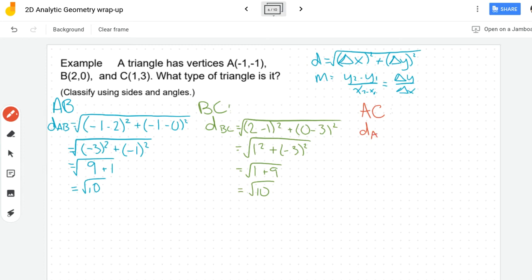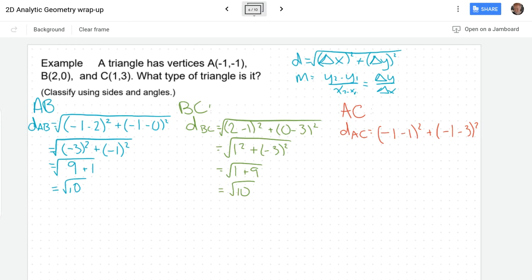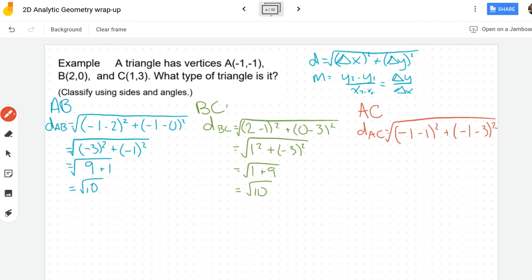The distance of AC, delta x will be -1 minus 1 all squared, and then add delta y squared, so -1 minus 3 all squared, and square root that. -1 minus 1 is -2. -1 minus 3 is -4. -2 all squared is 4. -4 all squared is 16.